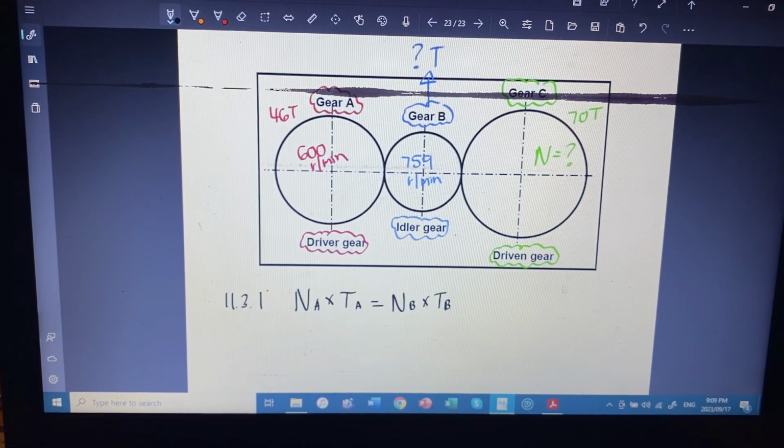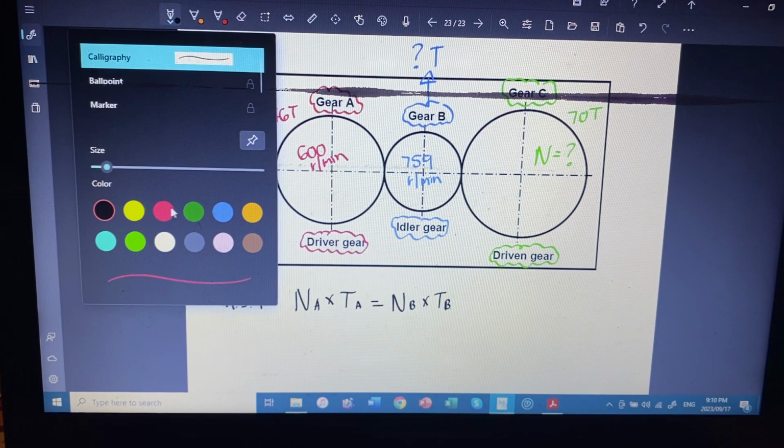You are also allowed to go and use B and C to calculate it if I didn't have enough information for A. But the reason why I can't say B equal to C now is because I don't have the rotational frequency. So there's something missing over here as well. Okay, so I have to use A and B in this case because I've got teeth and the N for A, and I've got the N for B, and there's only one thing that's missing then. So that's why I'm using A equals B in this case.